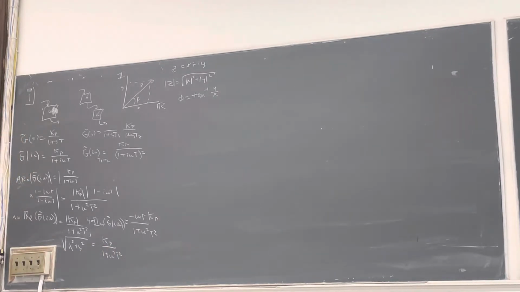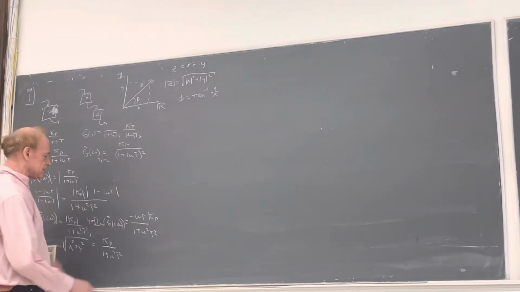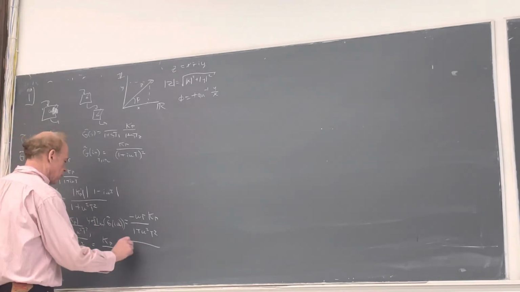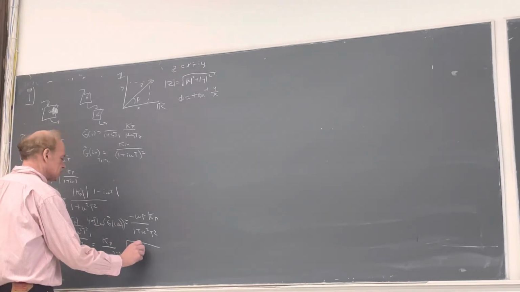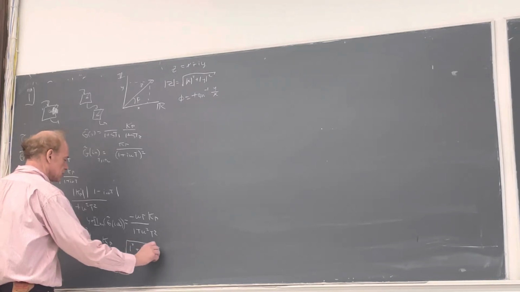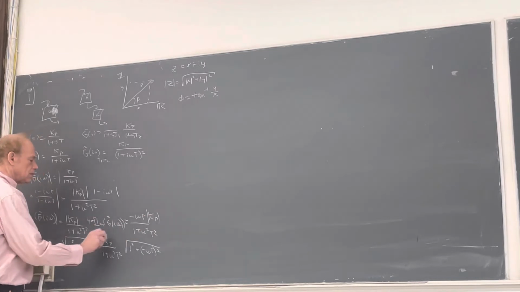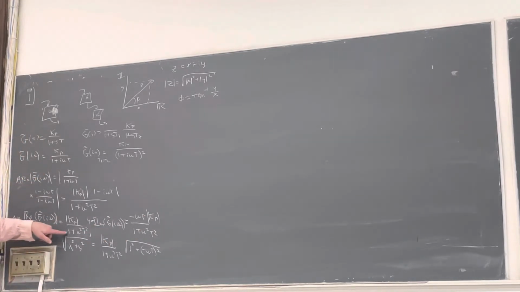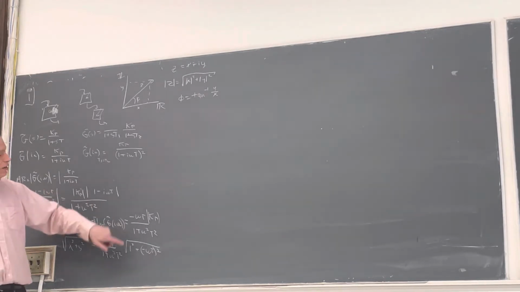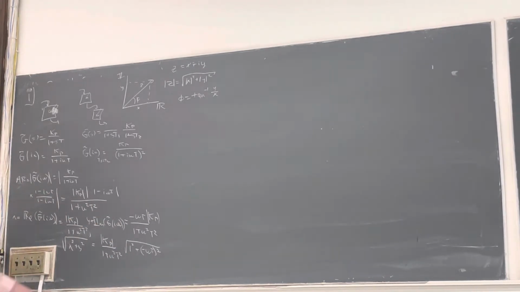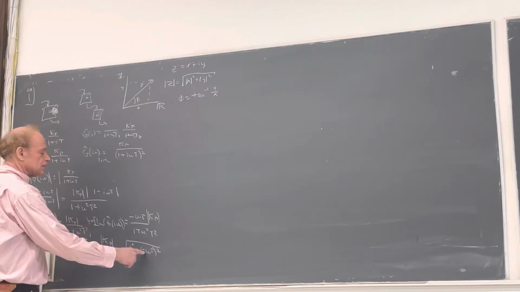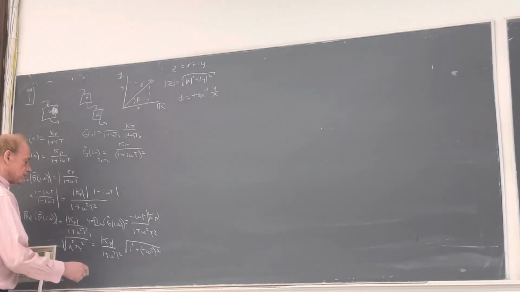And now I take the square root of this thing squared plus this thing squared. So I need the square root of 1 squared plus minus ωτ squared. So I factored out the Kp, that's in both, and the 1 plus ω squared τ squared. And what's left here is a 1, and what's left here is an ωτ. So this is 1 plus ω squared τ squared.